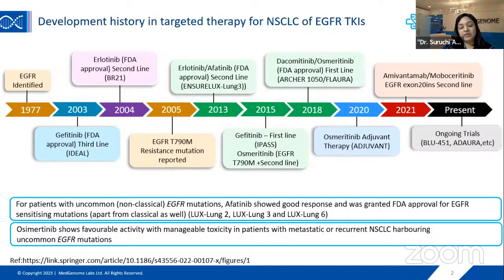There are certain well-known common driver mutations, and a lot of uncommon mutations which EGFR also harbors, and TKIs can respond differently depending on the mutations present. They can be compound mutations, uncommon plus common, or common plus uncommon. We'll look at it in further slides.